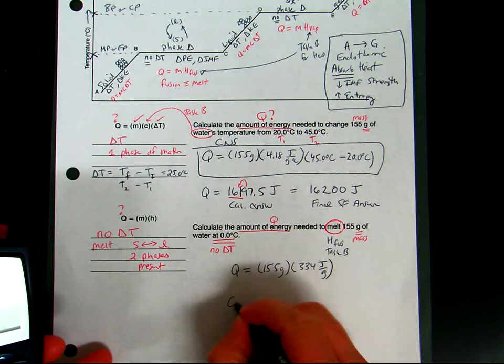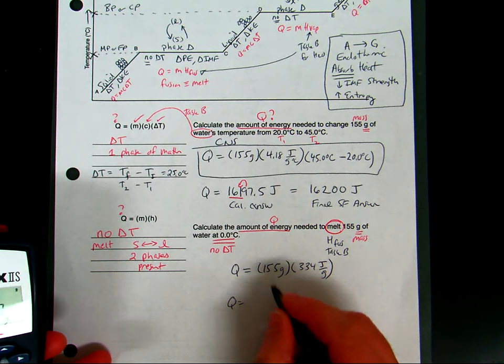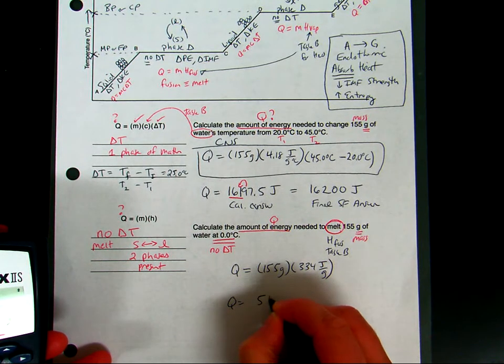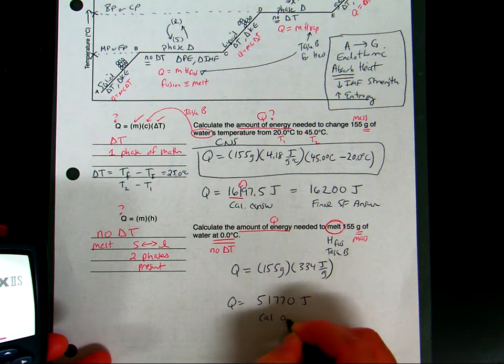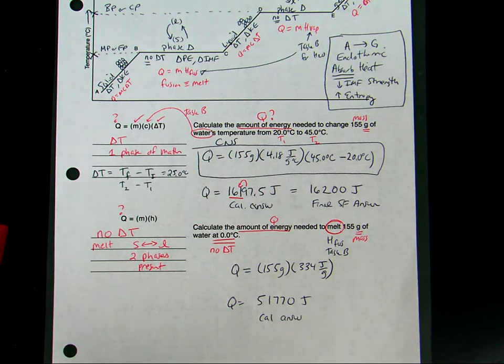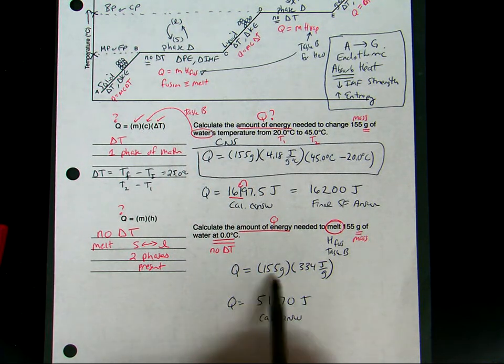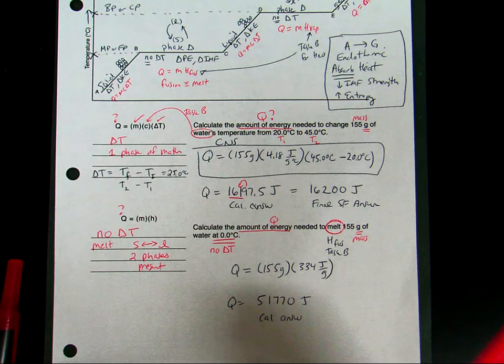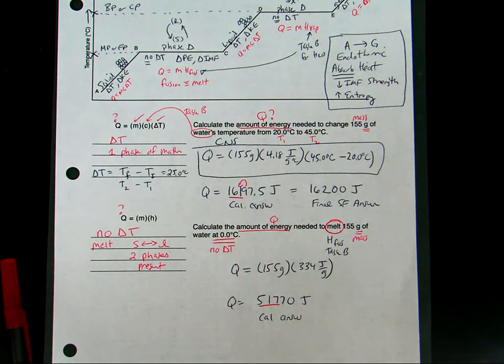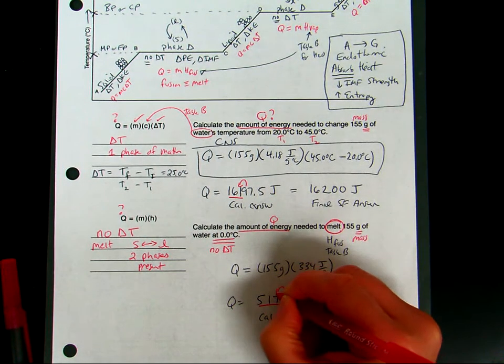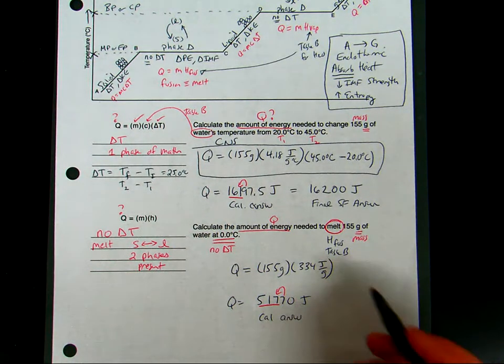Calculating the answer gives us, if I did this correctly, 51770 joules. So that's a calculator answer. And taking a look, we have 3 sig figs, so if we have to keep 3 significant figures to get to a final answer, we would keep the 517, but the next digit would make the 7 round up.